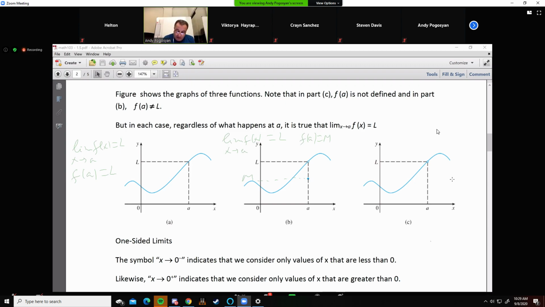Third: the limit of f of x as x approaches a is L, but f of a does not exist. We do not have a value for the function. It's an open circle, no value. The second one has a value, but it's removed from the graph, and the first one has the same value. But for all three of them, as x approaches a, the limit exists. So the limit does not depend on whether the function is defined at that point or not.